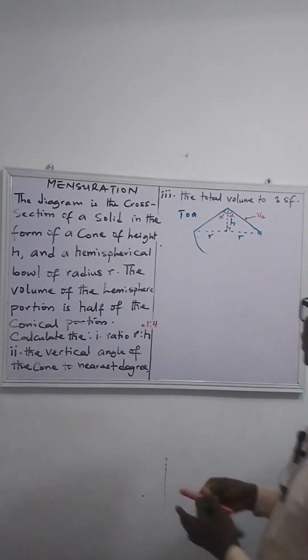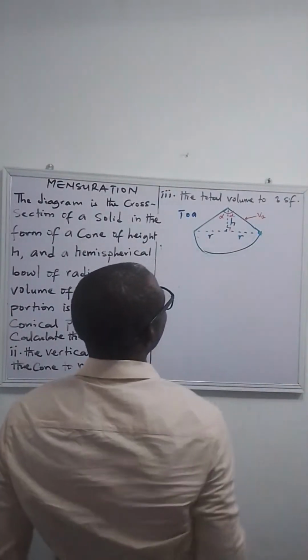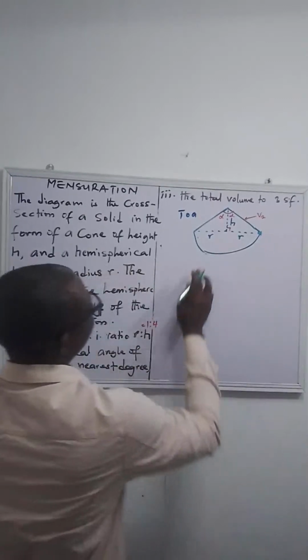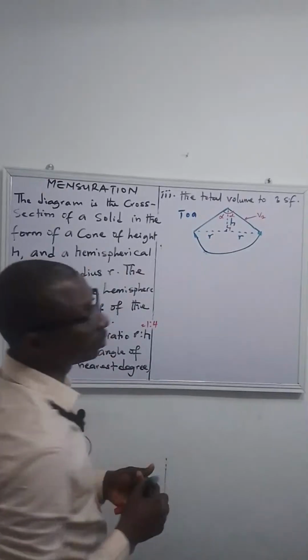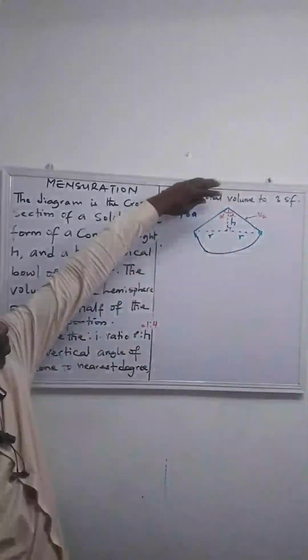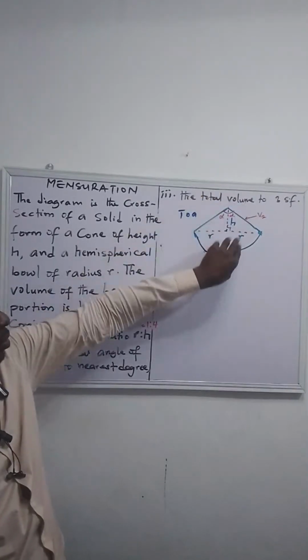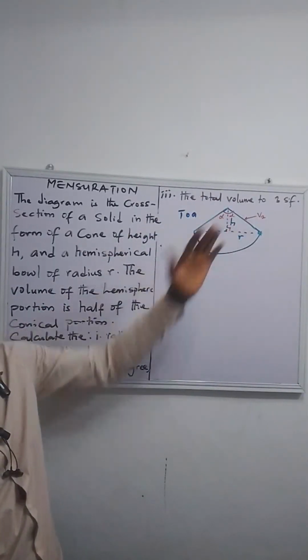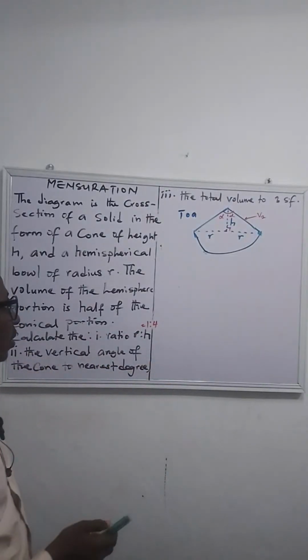So what's the total volume of this? To get that, it's going to be the volume of the cone plus the volume of the hemisphere. So we add everything together. That gives us the volume of the whole thing.